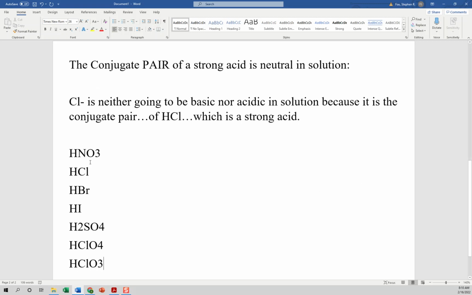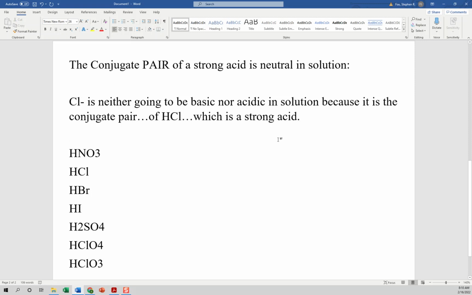Really what we're saying is these anions, nitrate, chloride, bromide, iodide, sulfate, perchlorate, chlorate, those ions are neutral in solution. They're neutral in solution because technically they're the conjugate bases, but I would just call them the conjugate pairs of strong acids, okay?